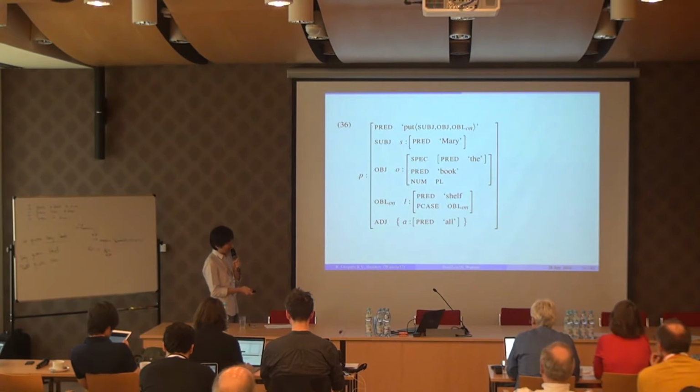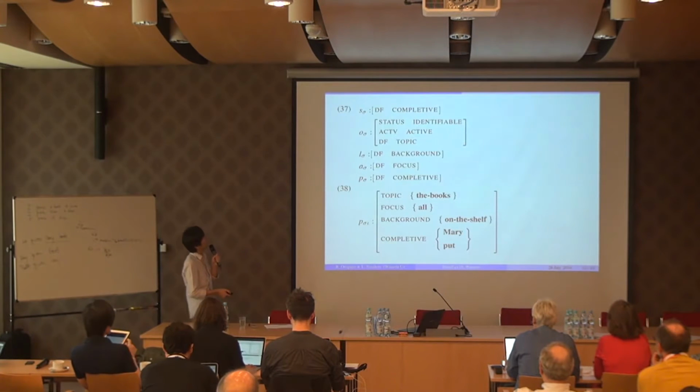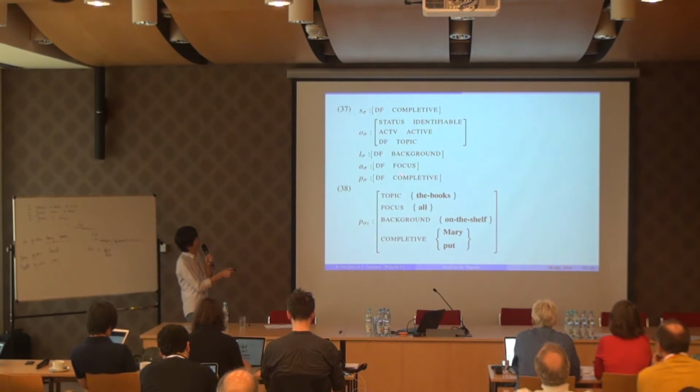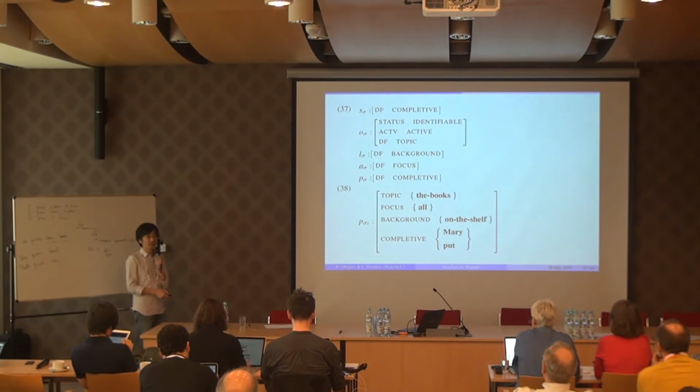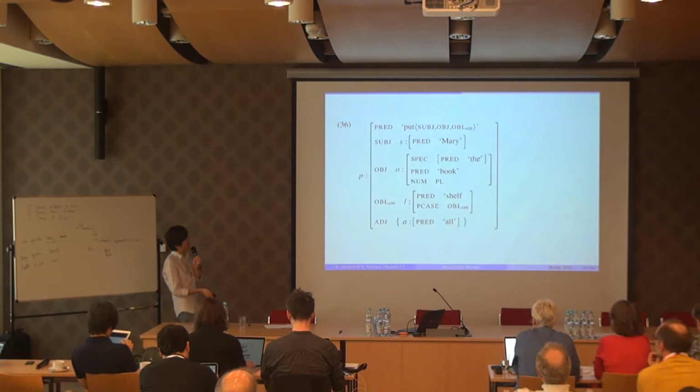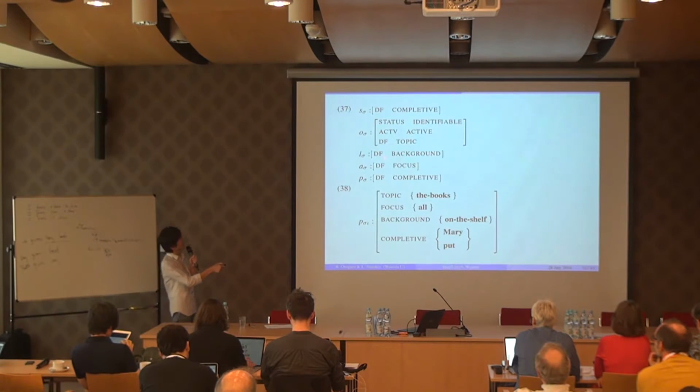And then a variation of the DF values in the S structure is given in 37. So the primary object is topic, the quantifier is a focus, and the remaining one is a background. We're not sure about preceding elements like "merely put". We provisionally put them in a completive, so I just evaluate those 2 elements as a completive.